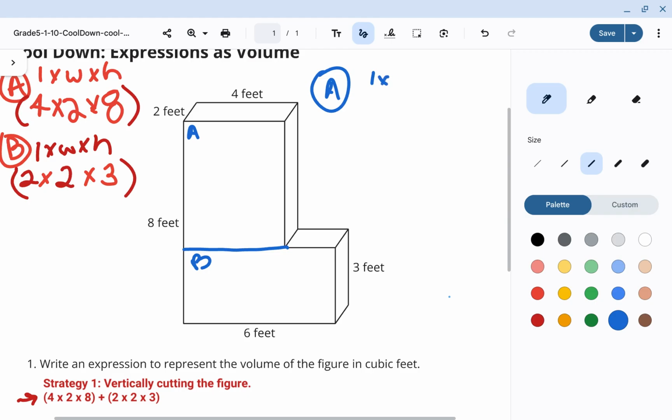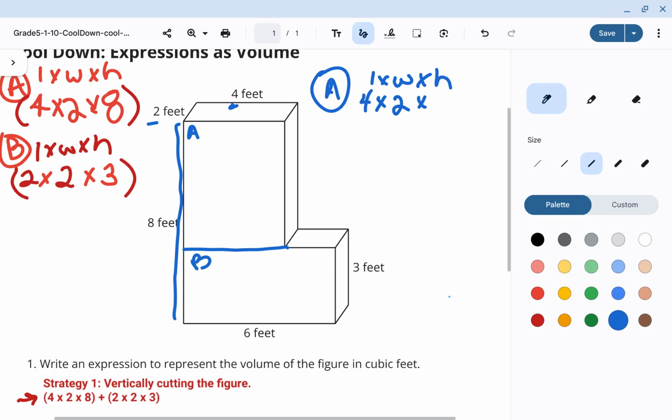I'm still looking for the 3 dimensions to multiply together, and 2 of our dimensions are exactly the same. It still has a length of 4, it still has a width of 2, but the height is different. I'm not looking at this entire idea, which is 8.